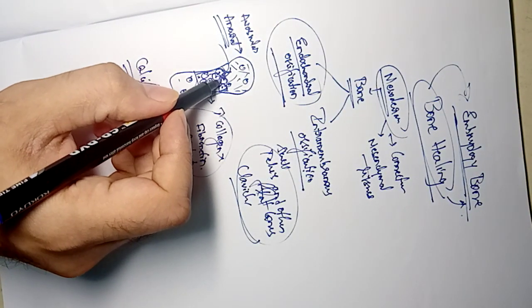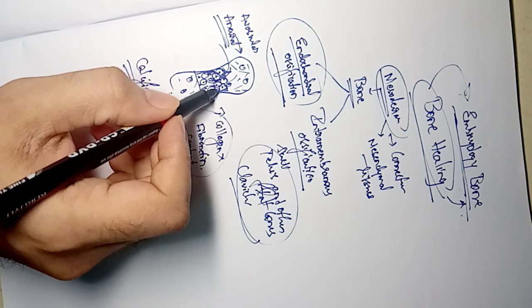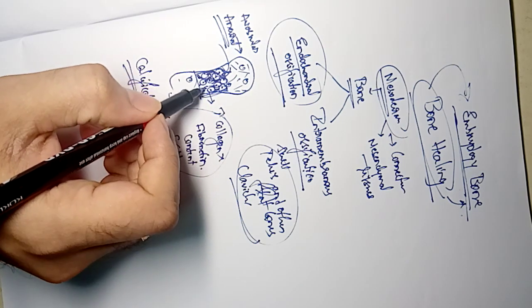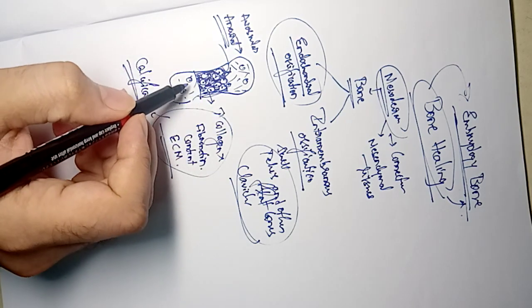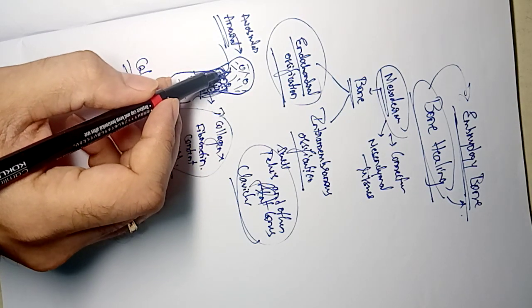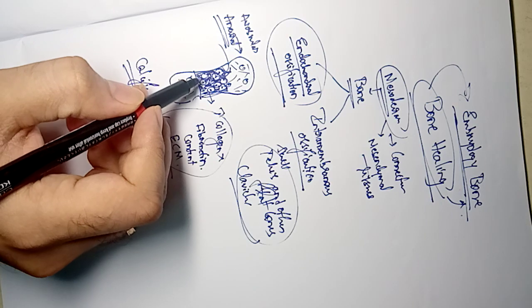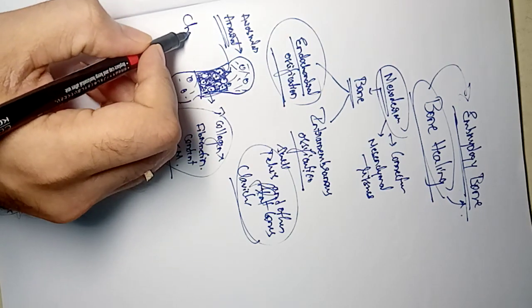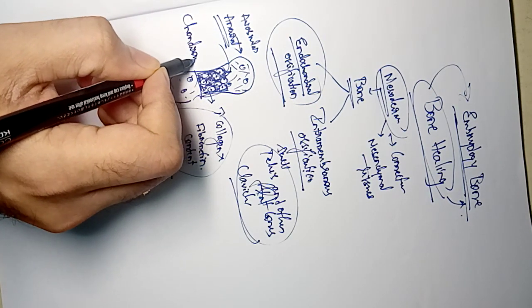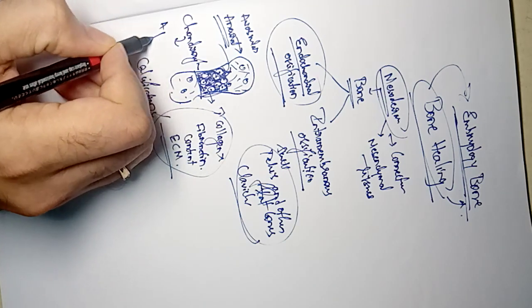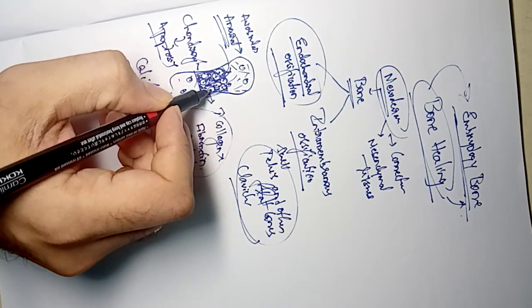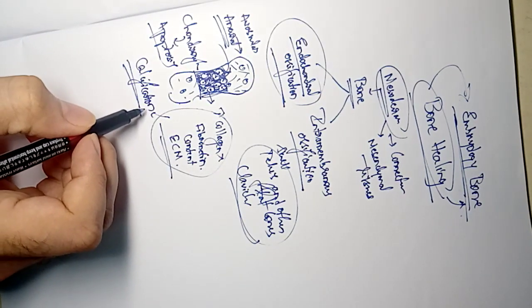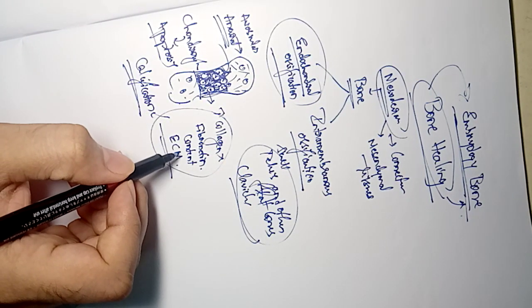So once the extracellular matrix gets calcified, there is a cutoff of the nutrients to the chondrocytes. So the chondrocytes will go apoptosis to form lacunae in the calcified extracellular matrix.